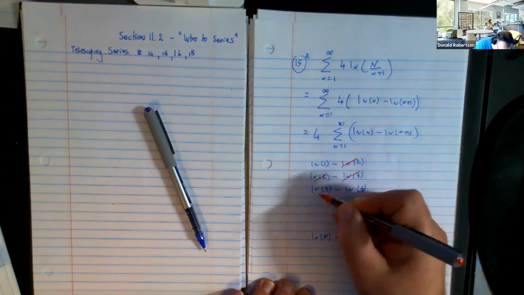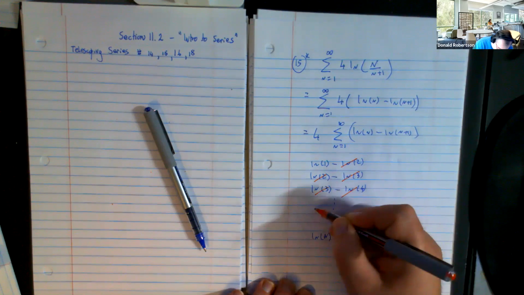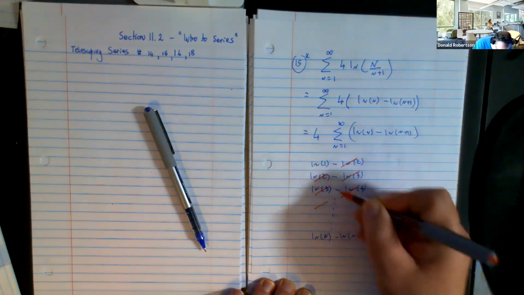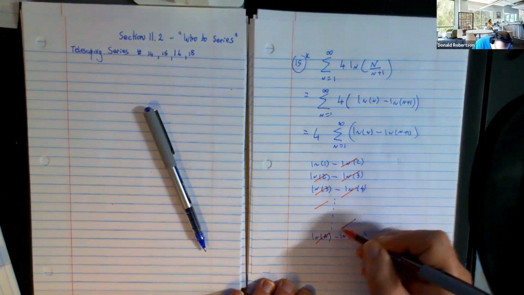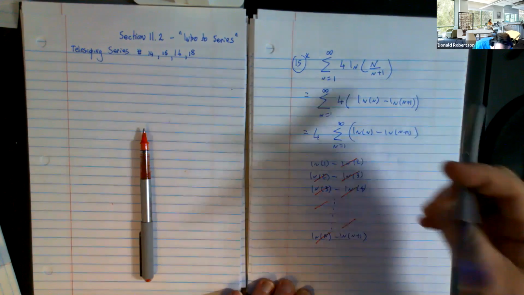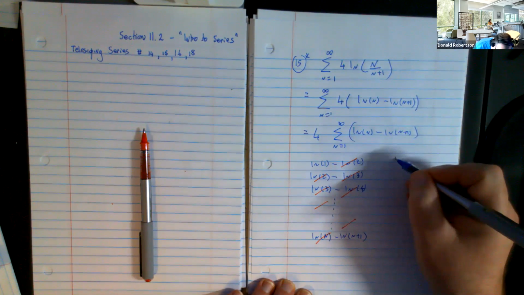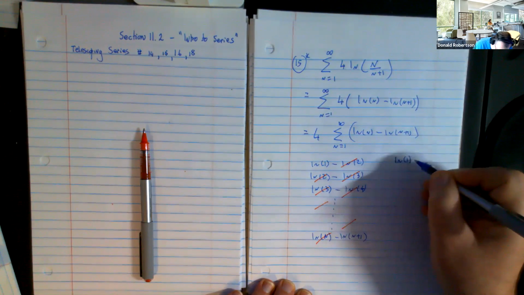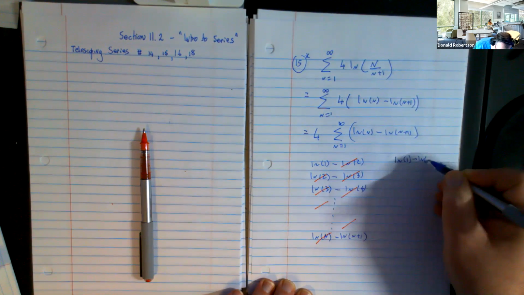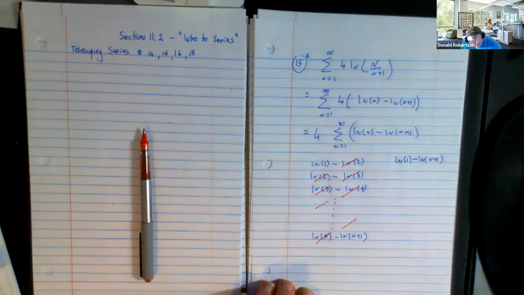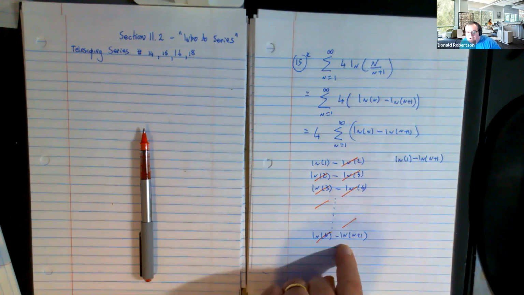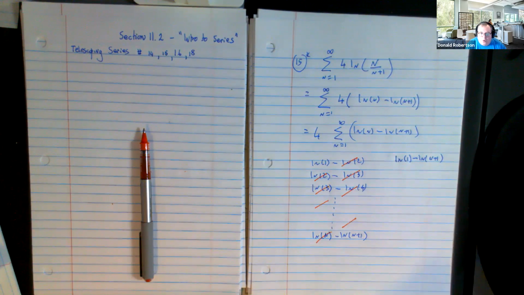That will get killed by that. That one will get killed by that. Since this one is left alive, that one will get killed by somebody over here. It means that we are left with the natural log of 1, take away the natural log of n plus 1, right? That's what would be left over. A guy at the beginning and one guy at the end.